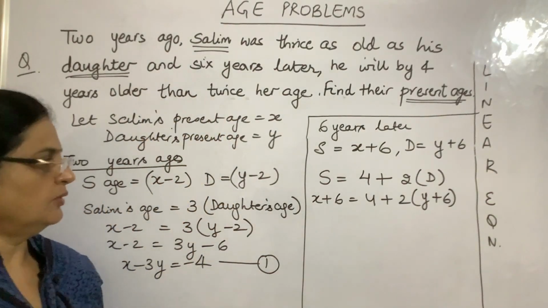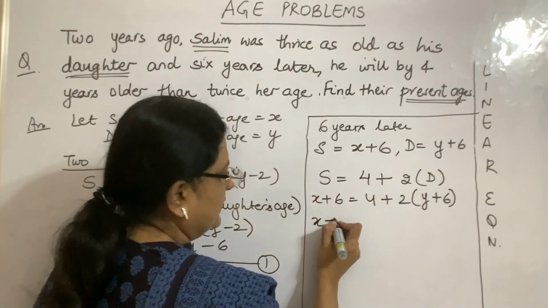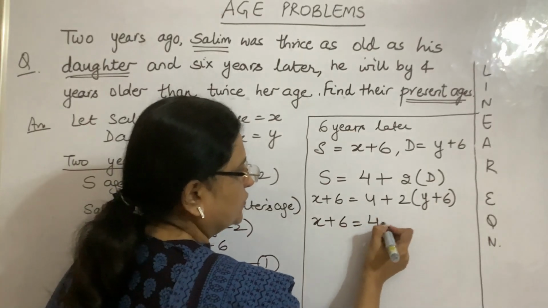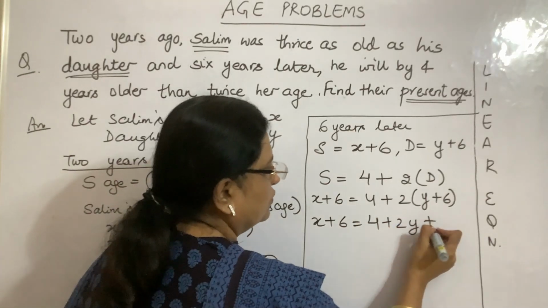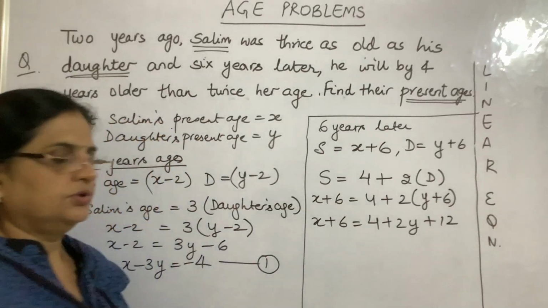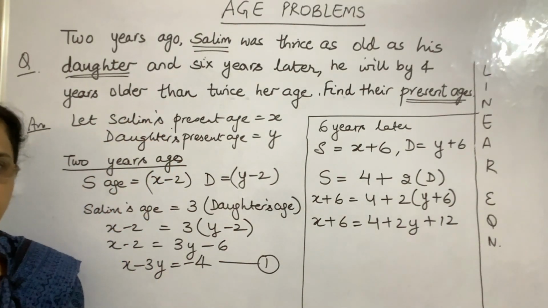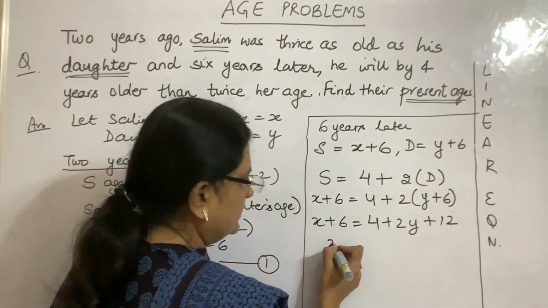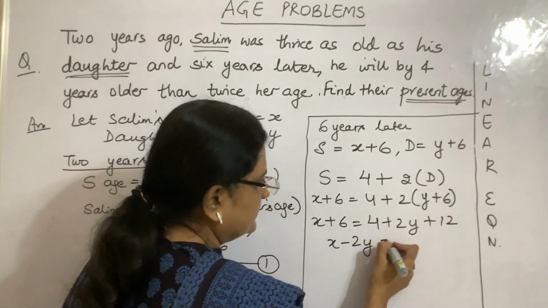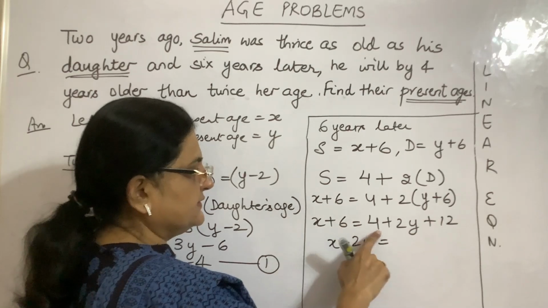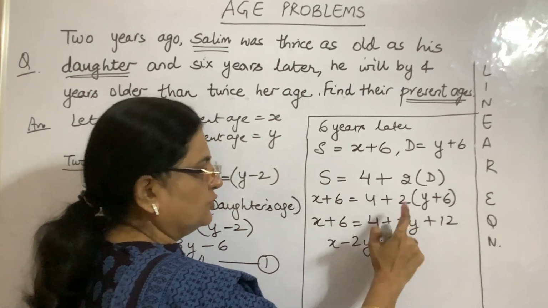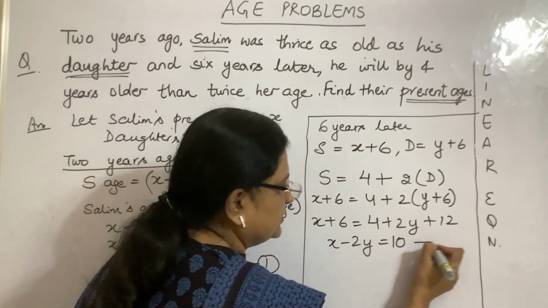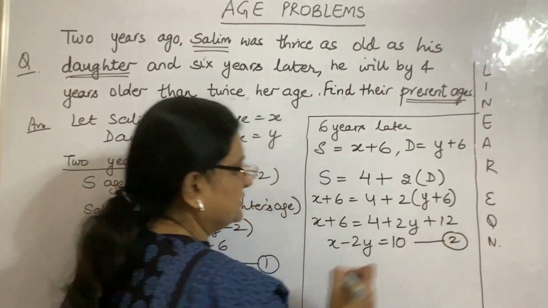Agreed? Open the bracket. So x plus 6 is equal to 4 plus 2y plus 12. Easy, very easy. Transpose it to this side. So this becomes x minus 2y is equal to 16. This 6 goes to the other side. So 16 minus 6 becomes 10.